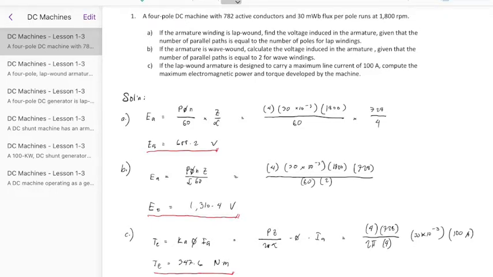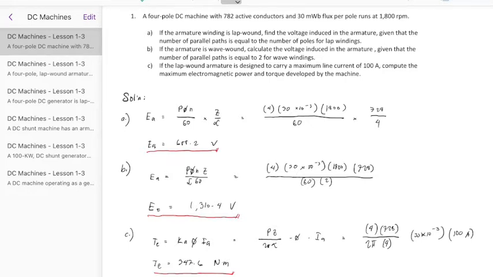Then the electromagnetic power is equal to voltage times current. That is the formula for power. But in the case of a DC machine, we have the induced EMF E sub A times the armature current I sub A. So we use the E sub A from letter A, which is 655.2 volts, times the armature current of 100 amperes.